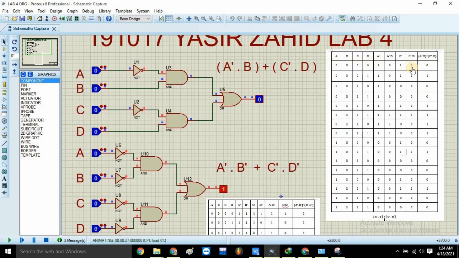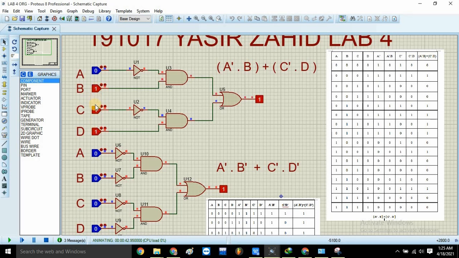So at 0 0 0 0 we have 0, at 0 0 0 1 we have 1, at 0 0 1 0 we have 0, at 0 0 1 1 we have 0.